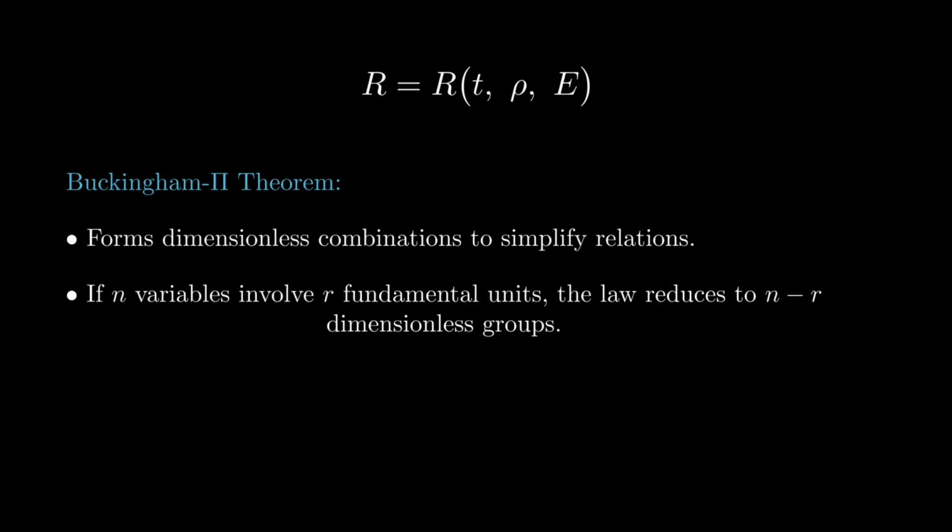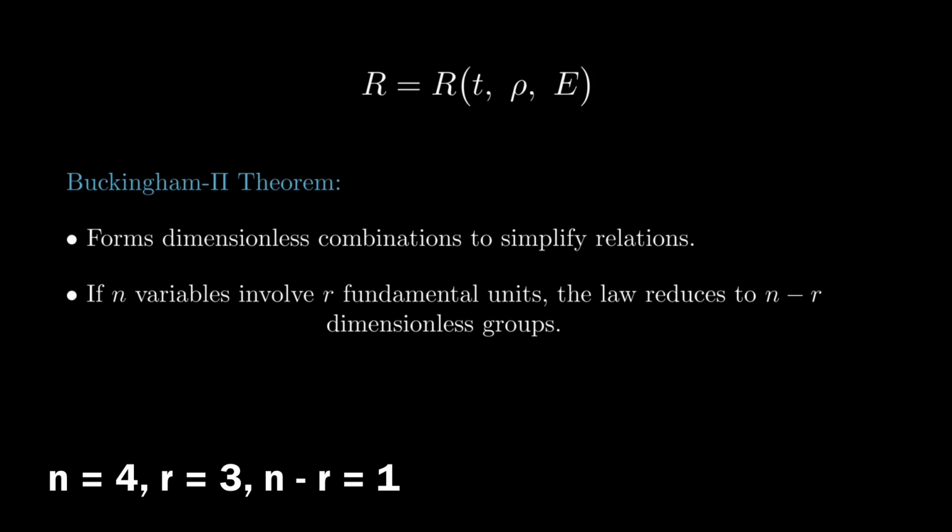We have four variables among which we wish to find the relation: rho, r, E, and t, and three base units that make up these, which are M, L, and T. So n equals 4, r equals 3, giving us n minus r equals 1.